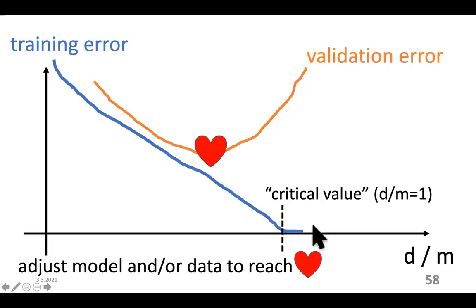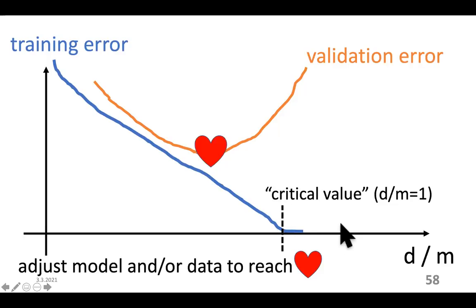However, you run more and more into overfitting, and at some point the training error will be 0. This is exactly when the effective dimension is equal to the number of data points. So this is a threshold, this is a critical value.